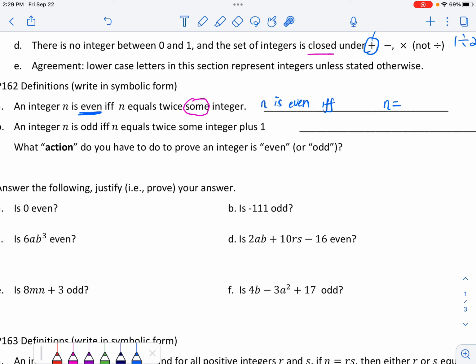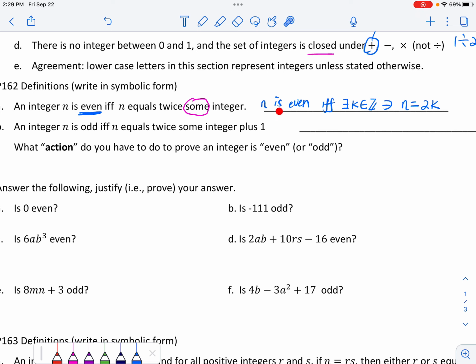So if and only if you must be able to find an integer, there exists an integer, let's call this k. Again, we assume that lowercase represents integers, but at the moment I'm going to say k is from the integers. And then the exists usually follows with such that n is twice this integer.